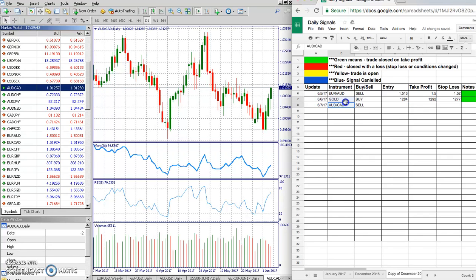So I want to sell it at 101.40, for instance, and I want to take profit at 100.40, and I want to have a stop at 101.80, let's say.